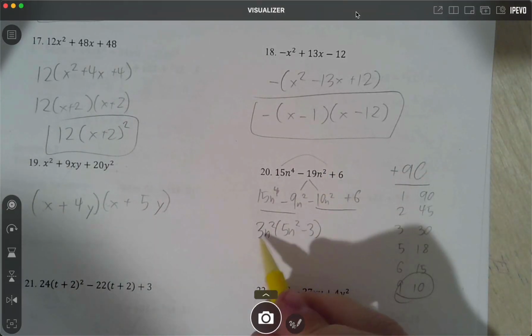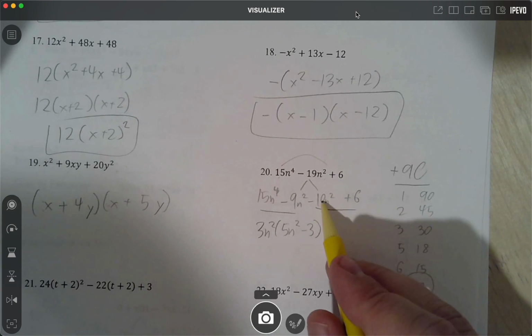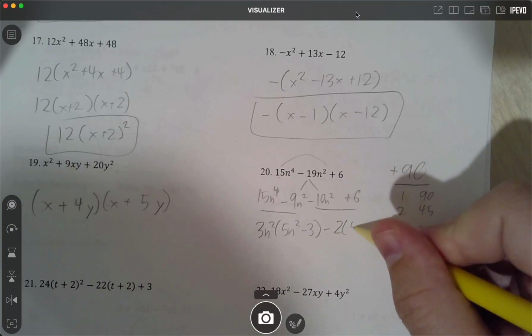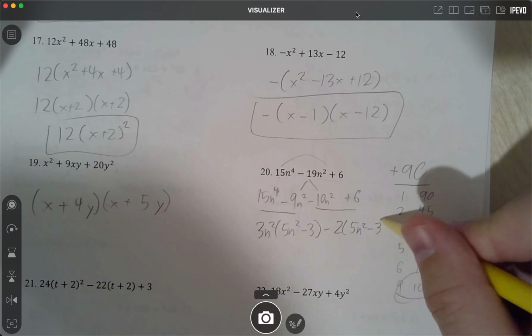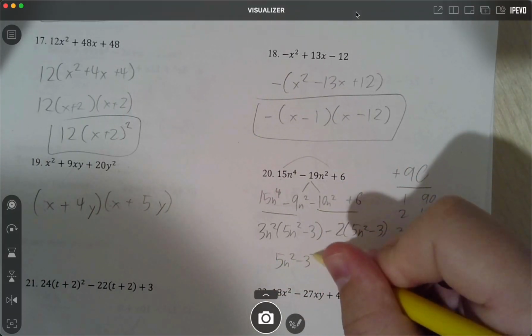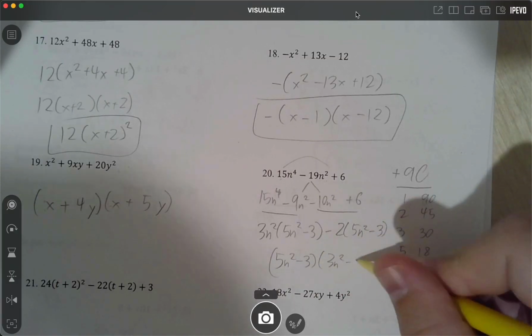Again, redistribute that, see how that works. How do I get a match out of these two? How do I make positive 5n squared? Well, I take out a negative 2. So I double negate and get 5n squared minus 3. Now the 5n squared minus 3 is shared. I'm left over with a 3n squared minus 2.